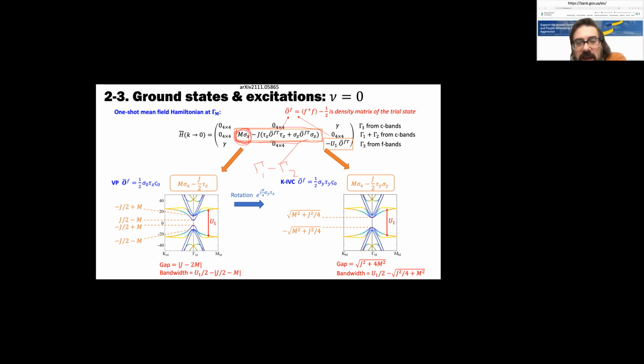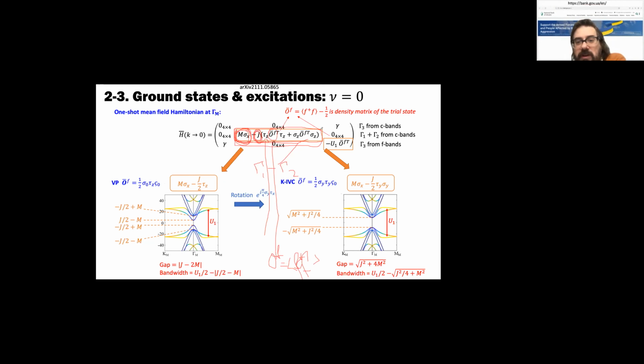But now in Hartree-Fock, it acquires this term, which is the U4 spin ferromagnetic interaction. And this O is the mean field of the F fermion. This O_F just comes out of taking the parent states, which are polarized, and computing C dagger F or F dagger F. And now I come back to Shankar's question about the difference between states. Now you can see immediately which state will win. Why? It's a very simple argument.